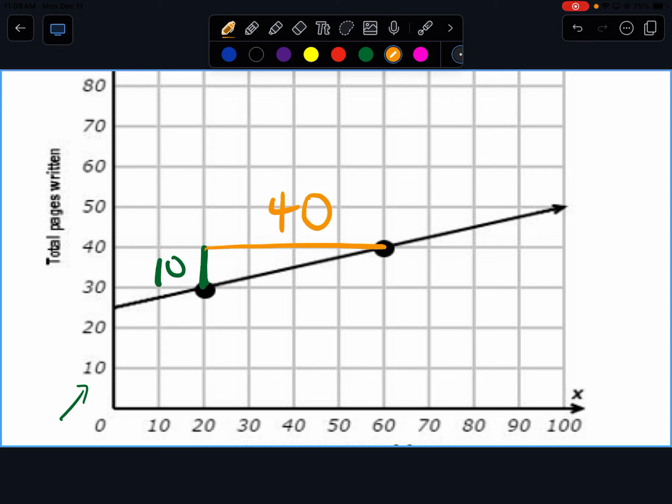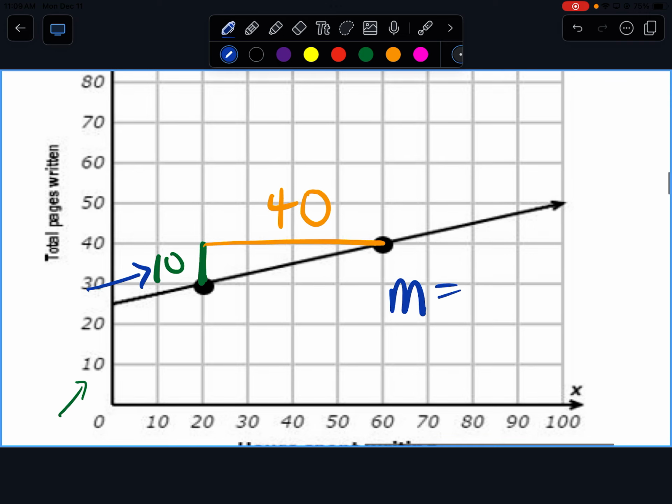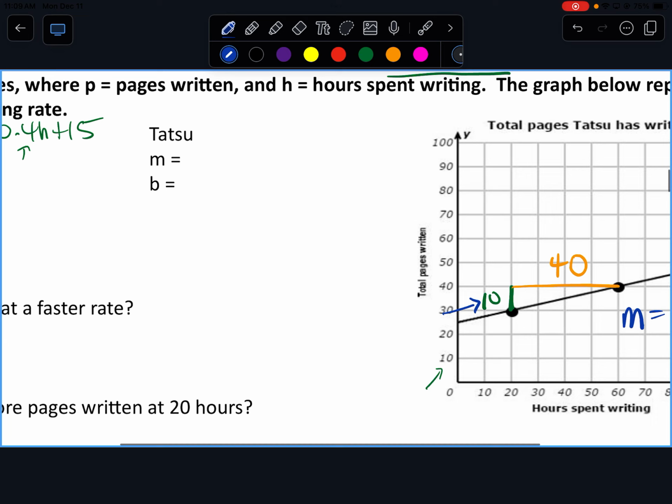So my slope for this would be 40 over 10, right? No. All of you like the bigger number on top. Remember, it's the change in y on top. It's the 10 on top with the 40 on the bottom, and I simplify that to 1/4, or you can also write it as 0.25.